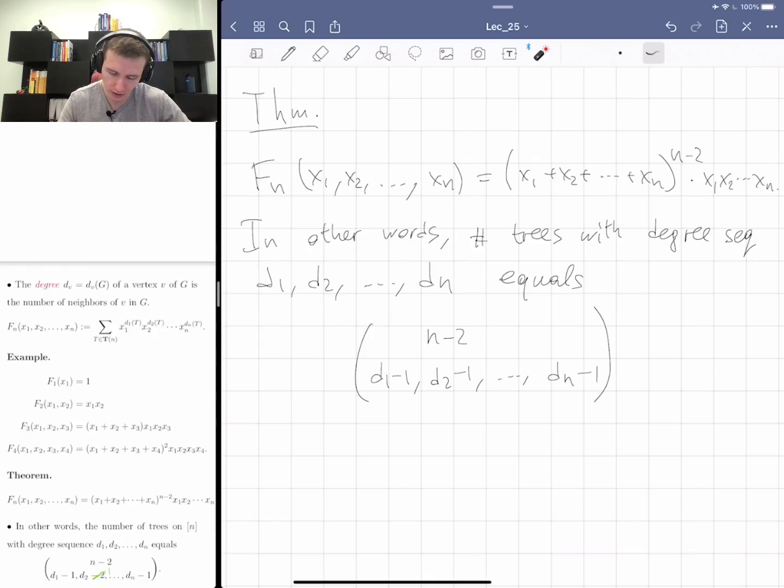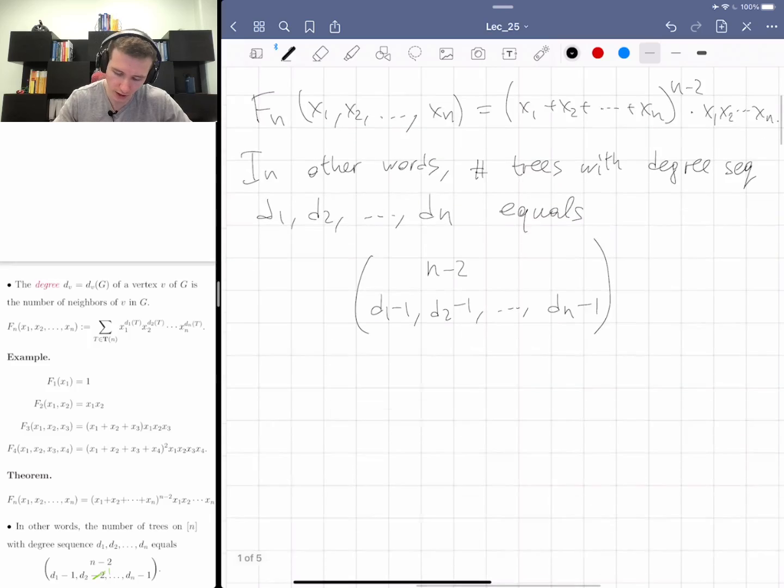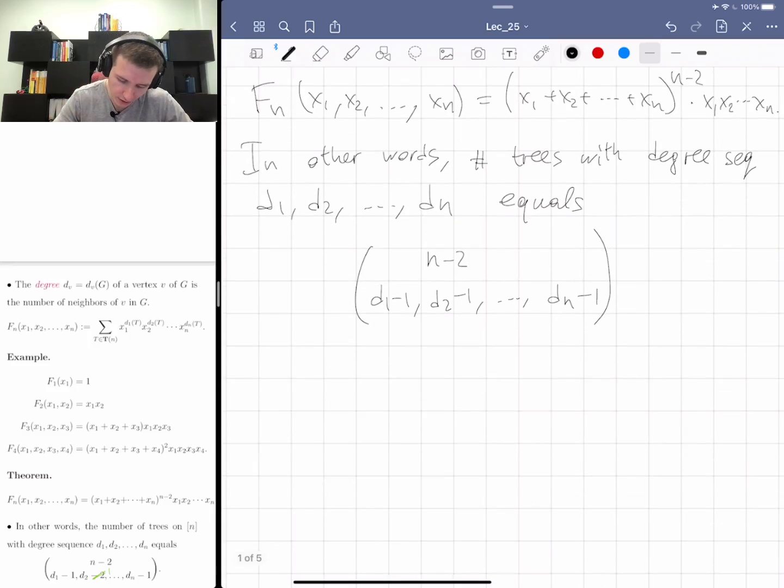Anyways, this is related to the handshake lemma. So remember, we recall this lemma that if you take the sum of these di's, i from 1 up to n, this is equal to what? To n minus 2, right?